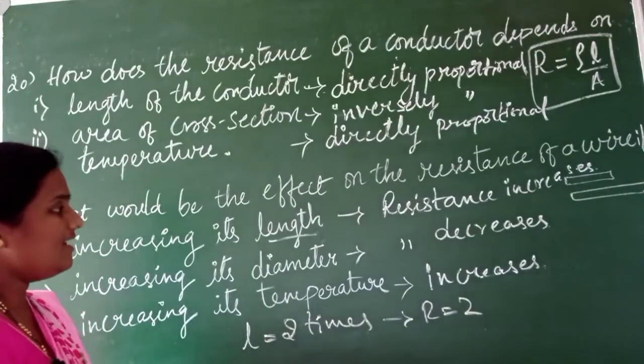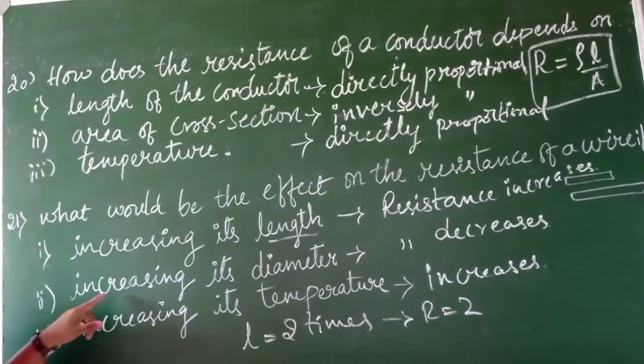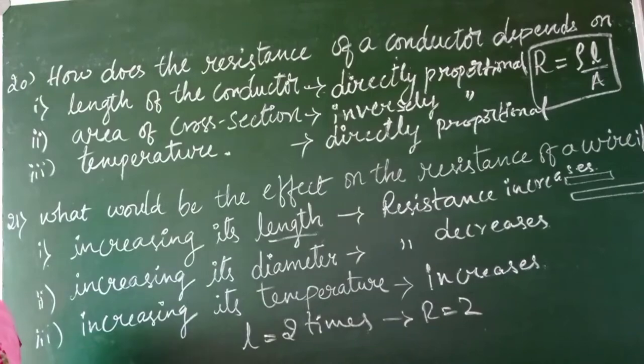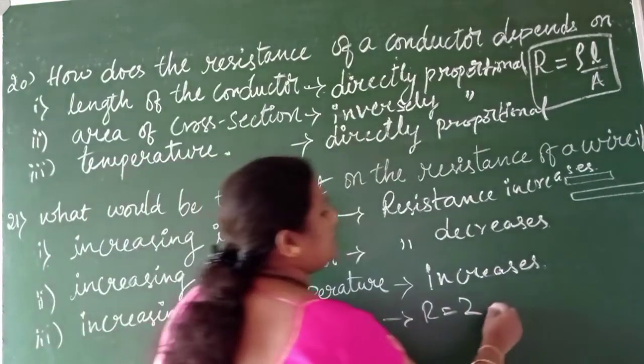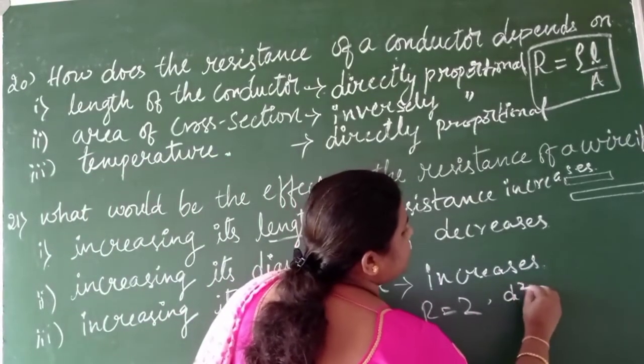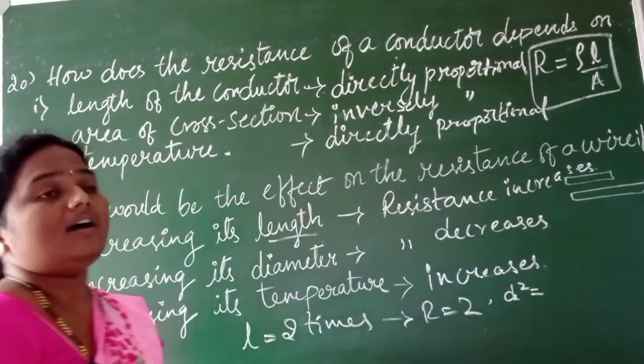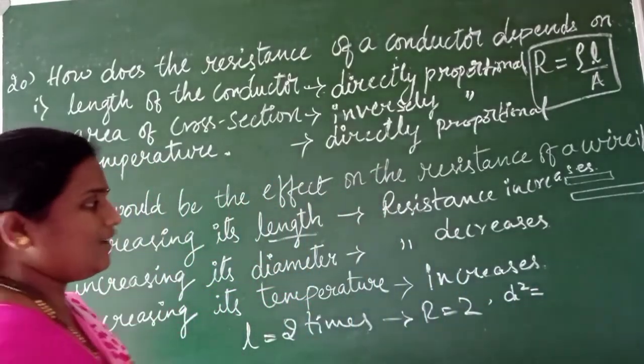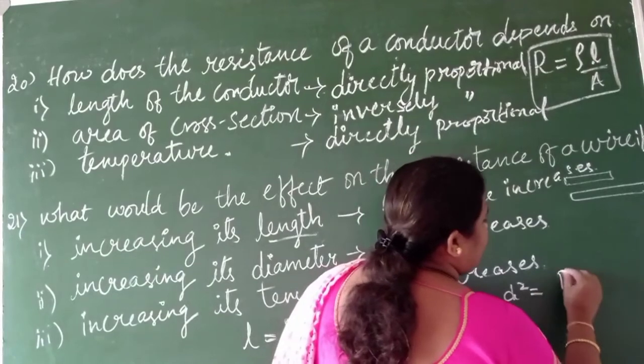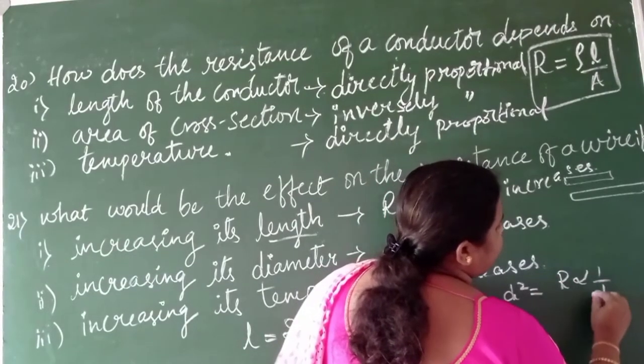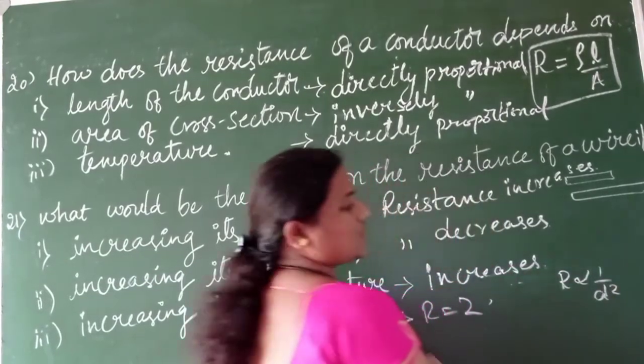Got it? Suppose if we increase its diameter, means D square, it is inversely proportional, no?